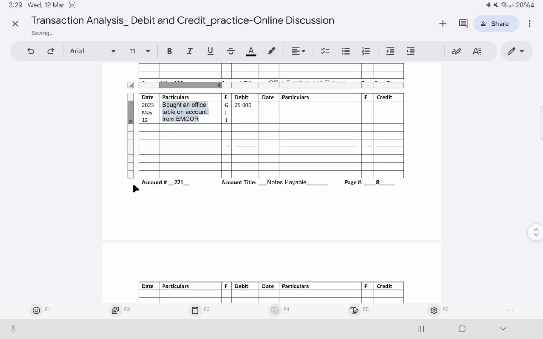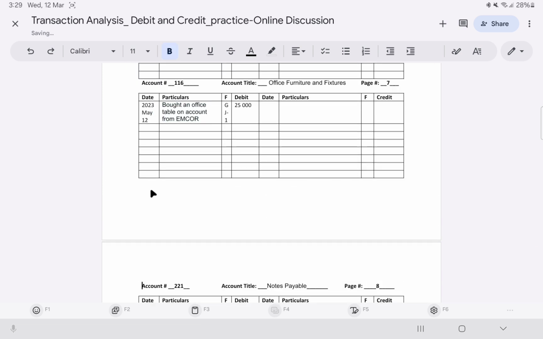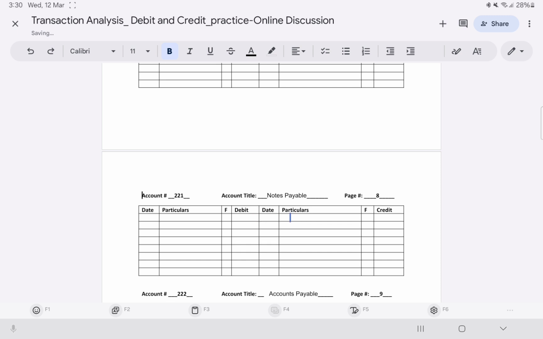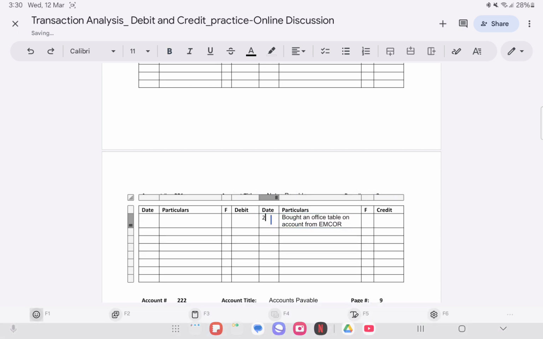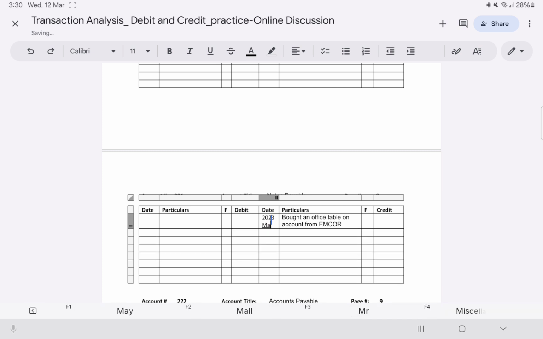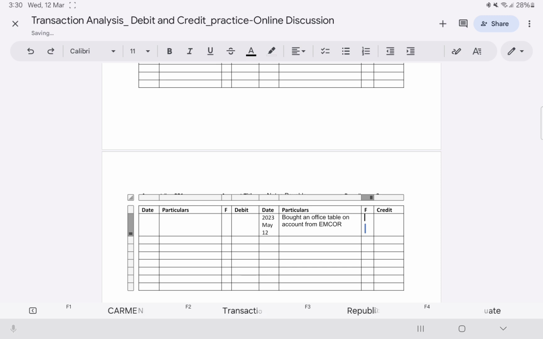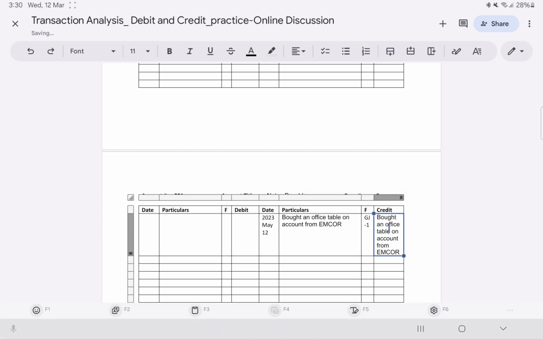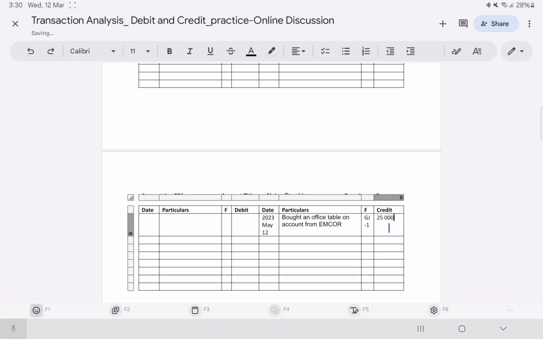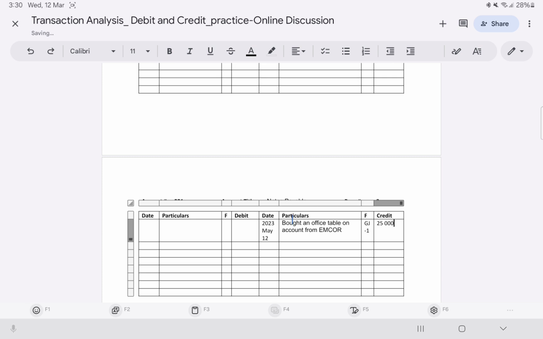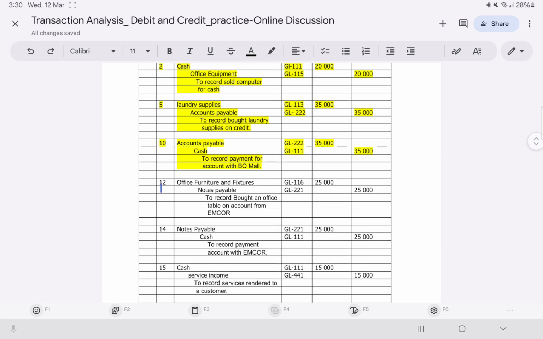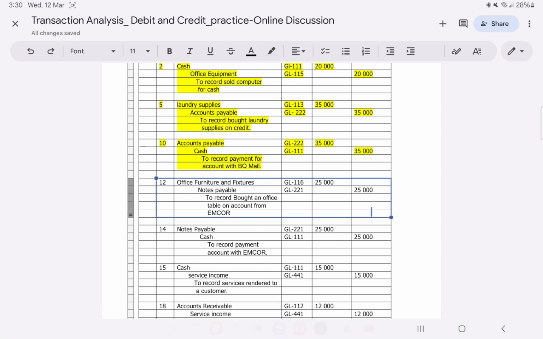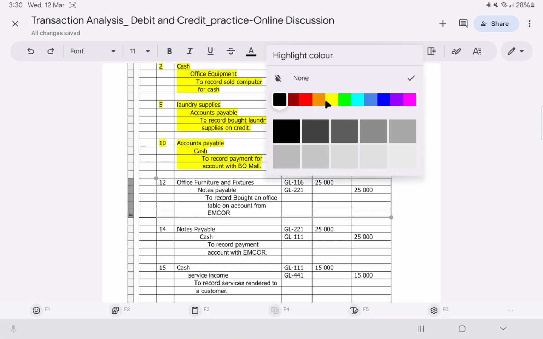Notes payable 25,000. 2023 May 12. JG-1 25,000. Okay, so next transaction, we are done recording. This is recorded already, and let's put the highlight.